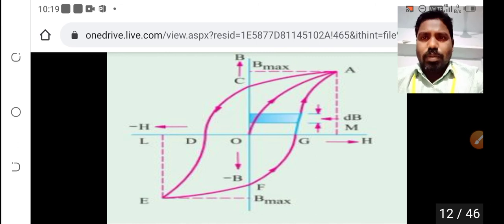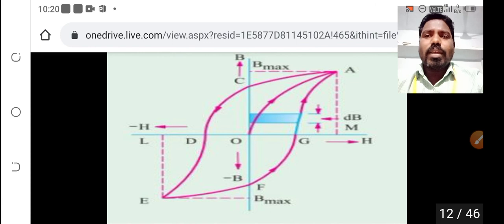In this complete loop, you can see two characteristics: one is retentivity, the other is coercivity. What is meant by retentivity? When you reduce the value of H to the lowest level, when the value of H is 0, according to our understanding, B must also be 0. But in this particular case, the value of B is not 0.